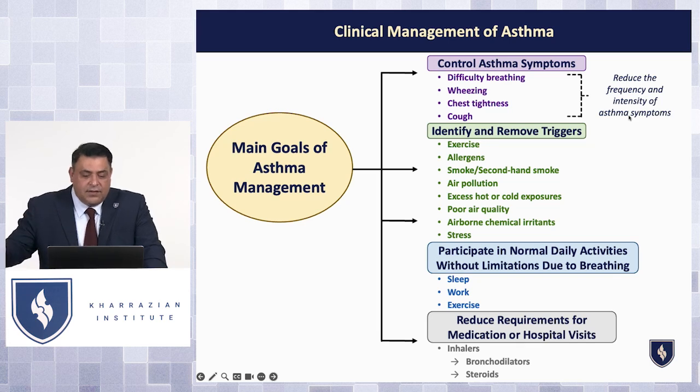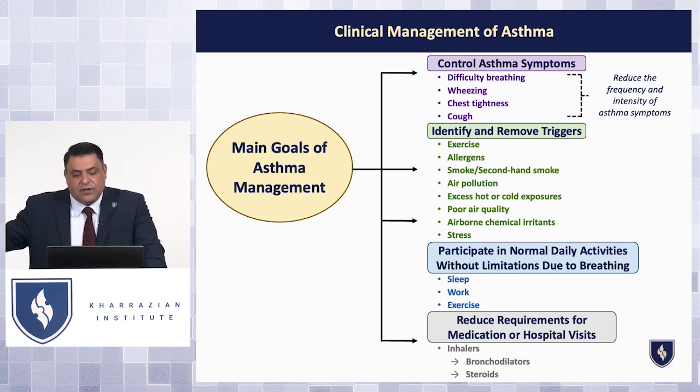Maybe you completely resolve it, but just the fact you can reduce the frequency and the intensity is really a clinical success. You want to make sure you have set goals that are realistic when you're working with a patient with any kind of condition. So if you can focus on not complete eradication, but reducing the frequency and intensity of some of these asthma symptoms, that will be very important to keep the patient motivated and also yourself motivated.